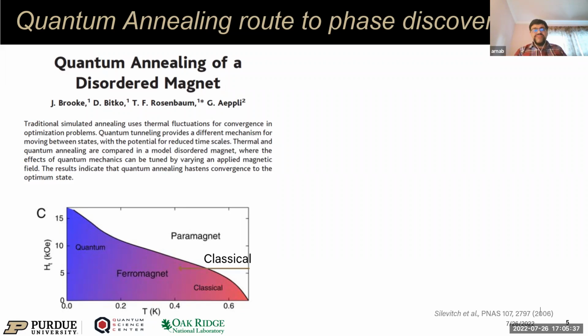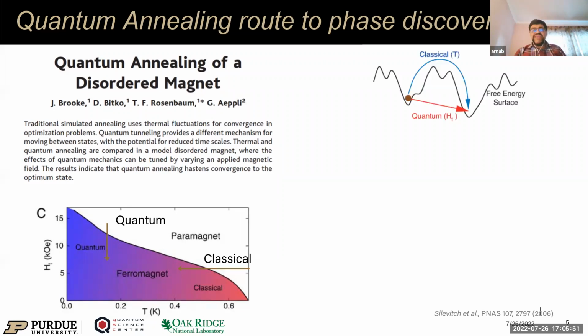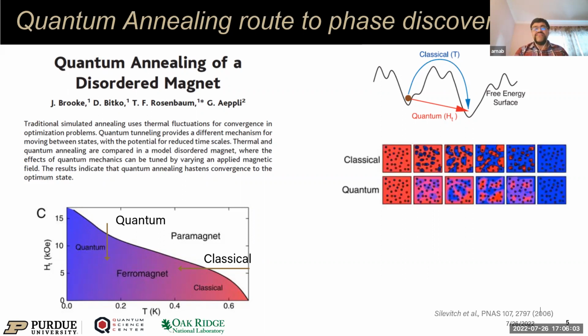But the most important thing that we know is that in order to get to the right phase, we can do it in two possible ways. One is the quantum route, where we change a quantum control parameter, versus the classical, where we change the temperature. And these are two slightly different ways of getting to the final phase. One happens through tunneling, and the other jumps over the energy barrier.